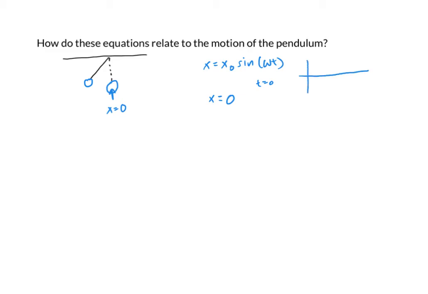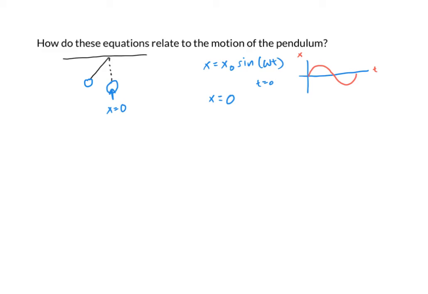We remember that when we draw sine out, it looks kind of like this. So when I am using the equation x naught times the sine of omega t to define the motion of my pendulum, my starting point is my equilibrium position. I am starting my timer when my pendulum is at that equilibrium position, when it's hanging straight down.